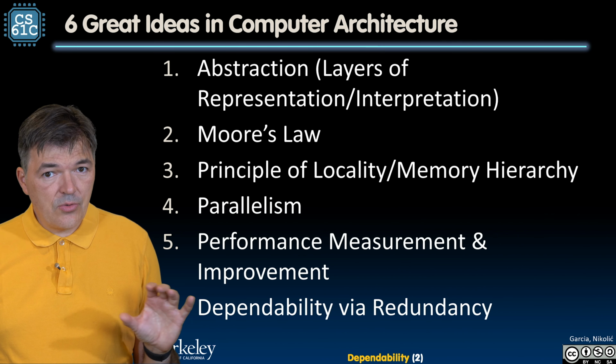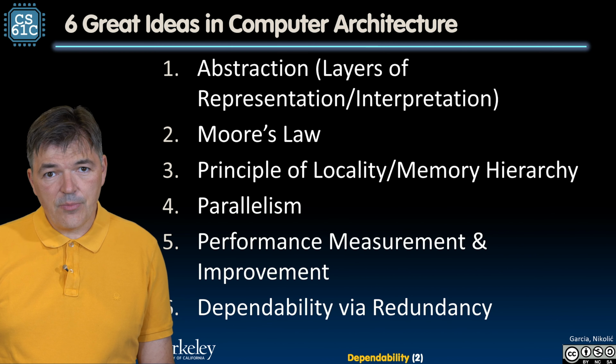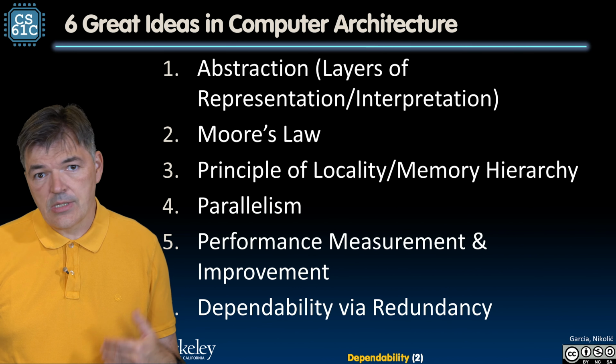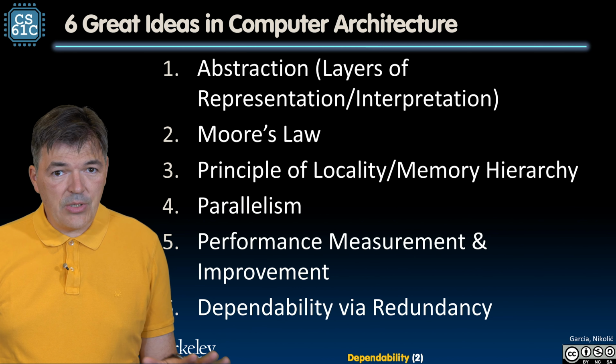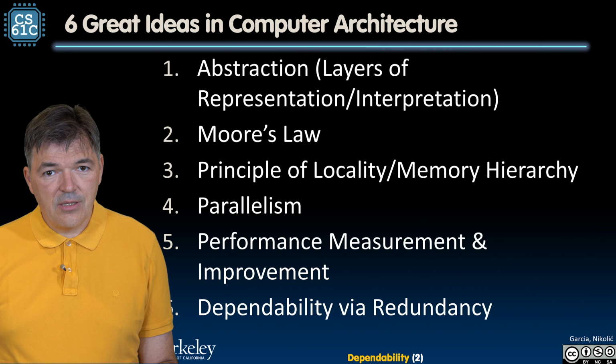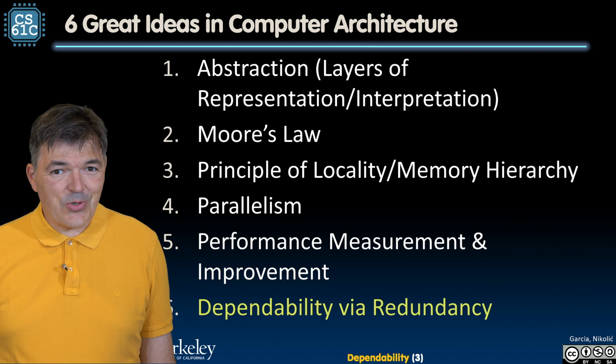We have also throughout the course talked about these concepts of performance measurement and improvements, primarily through the iron law of compute and average memory access times. But we haven't talked about the 6th great idea, which is dependability via redundancy. So that's what we are going to cover now.